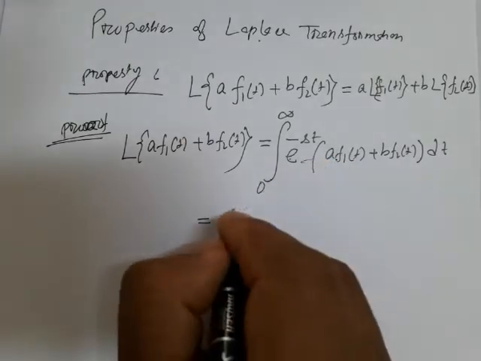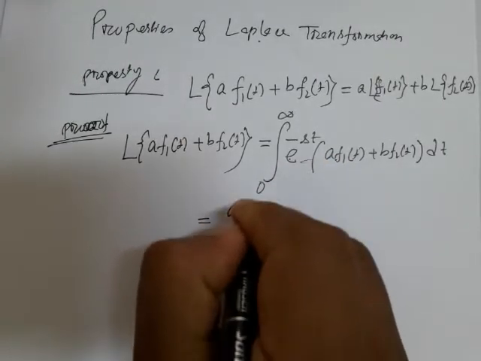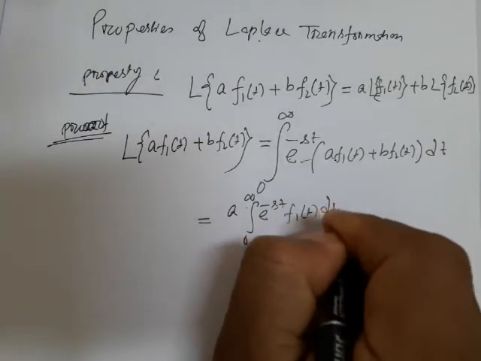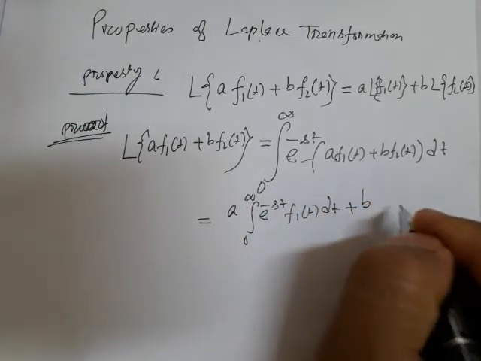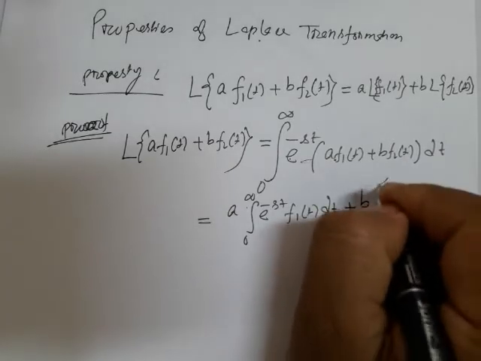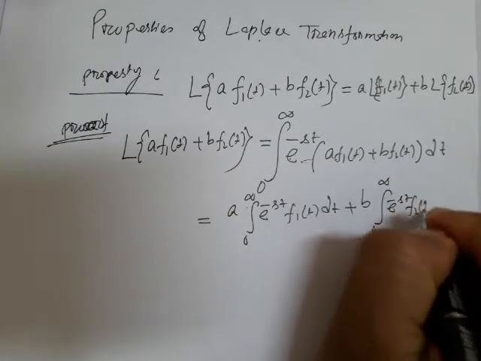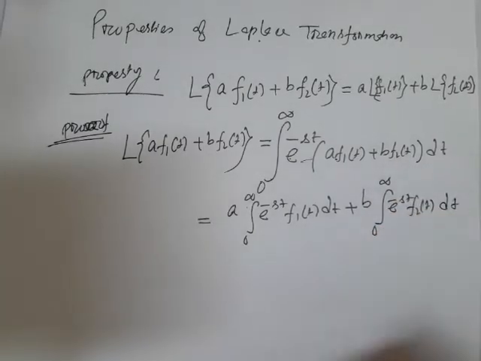So this can be written as a times the integral from 0 to infinity of e power minus st f1(t) dt plus b times the integral from 0 to infinity of e power minus st f2(t) dt.